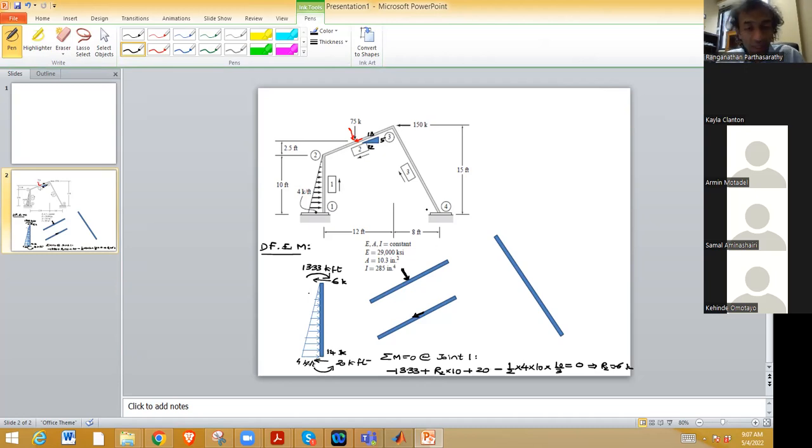So what is the load perpendicular? That is 75 times 5 over 13, 28.846. Sorry, 75 times 12 over 13, 69.231. So that is this load, and along the member is 75 times 5 over 13, 28.846.